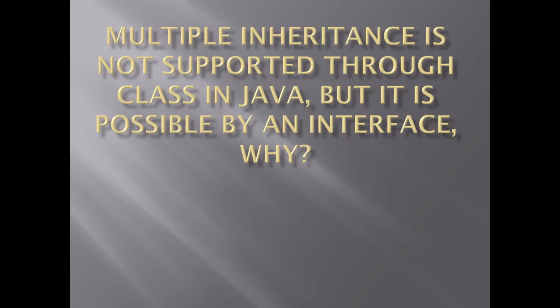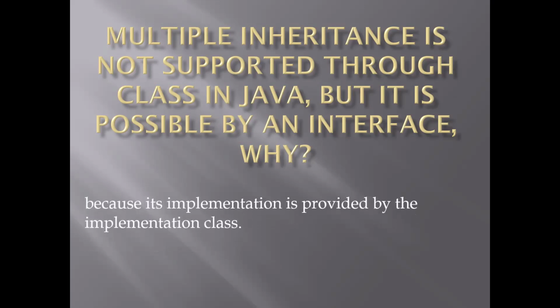Here is a question I just answered for you. Multiple inheritance is not supported in Java, so why is it possible to inherit multiple inheritance in interfaces? We already answered, because its implementation is provided by the class, not by the interface itself.